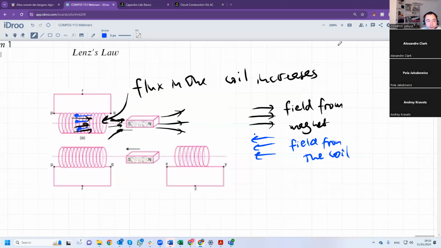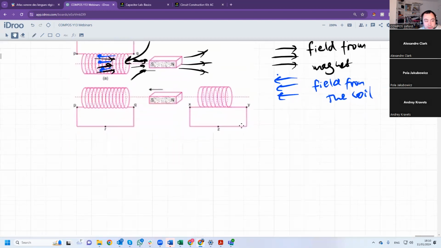Do you understand why the direction of the field is like that? Do you understand both directions of the fields? Please let me know in the chat. One, two, three more people. Yeah. Okay. All right, good.